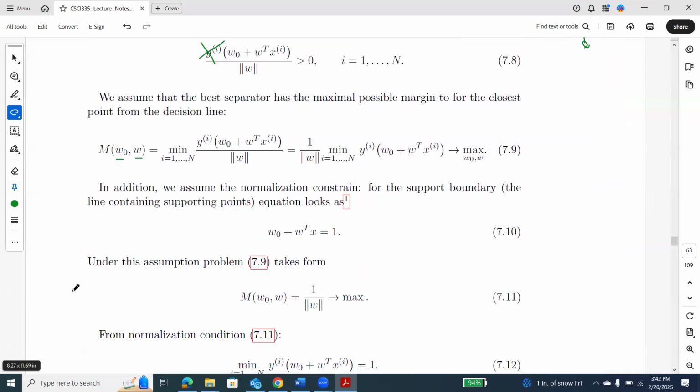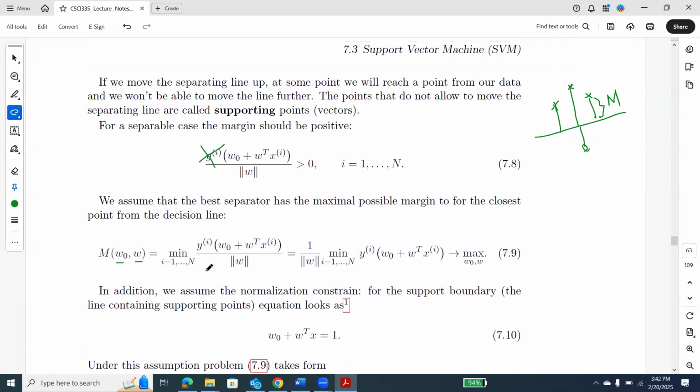This is the formulation, but to make this algorithm simpler, we will add an additional constraint for the line that goes through our closest point. For the decision boundary, the equation is W0 plus W transpose X equals 0. For the line through the closest point, the equation is W transpose X equals some number alpha.